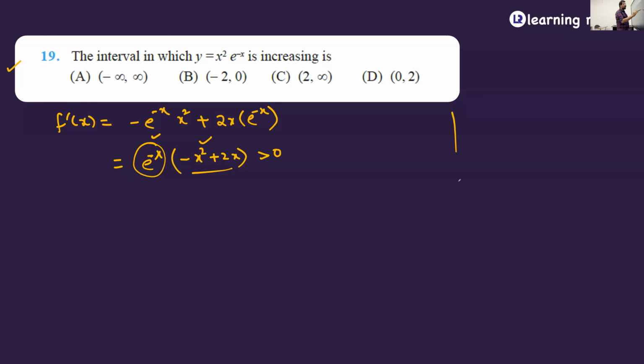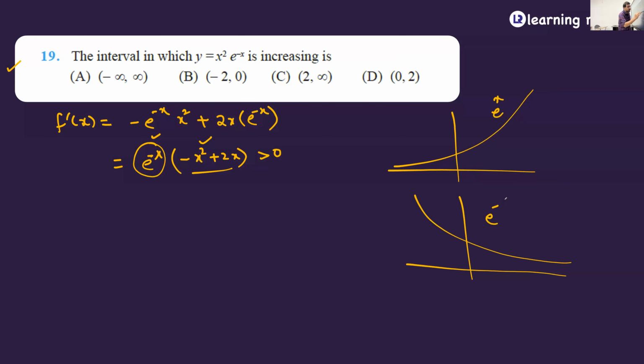Because if you observe the graph, this is how the graph for e power x will be, and this is how the graph for e power minus x will be. So e power minus x and e power x both are positive. Hence, you have nothing to do with this. This can be taken to the other side. So if you take the x outside, you will have x into 2 minus x is greater than 0.